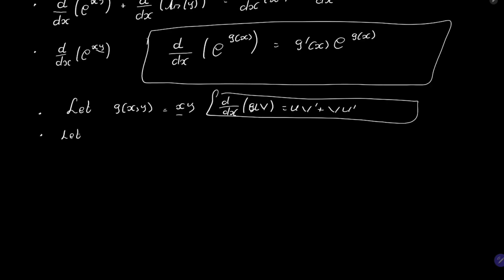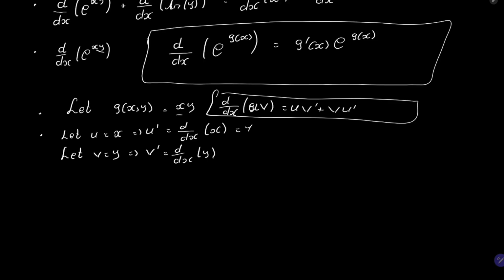So what is our u and what is our v? Let u be equal to x, which implies that u prime, the derivative with respect to x of x, gives us 1. Now we are going to let our v be the function y. This implies that v prime, which is the derivative with respect to x of y, gives us dy on dx times the derivative of y with respect to y, which gives us dy on dx times 1, hence dy on dx.